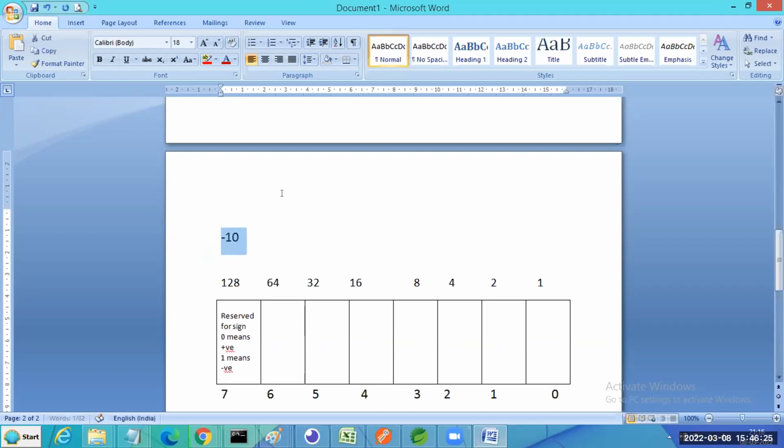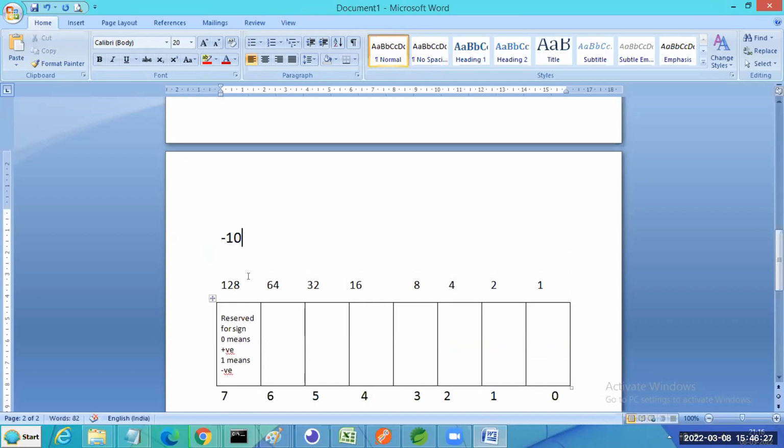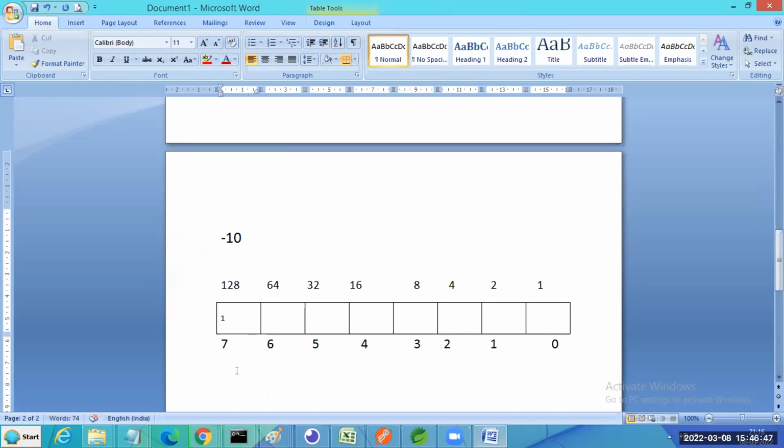So for minus 10, which block is reserved for the sign? The last one, right? Zero means positive, one means negative. We are storing a negative number, so it should be 1 here.